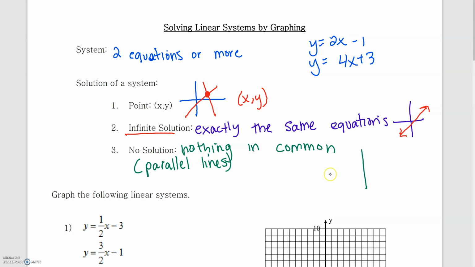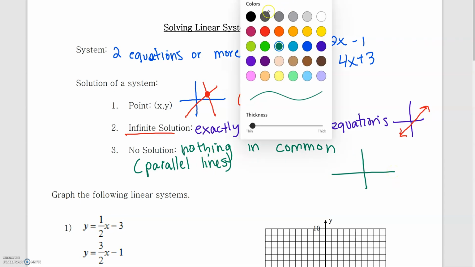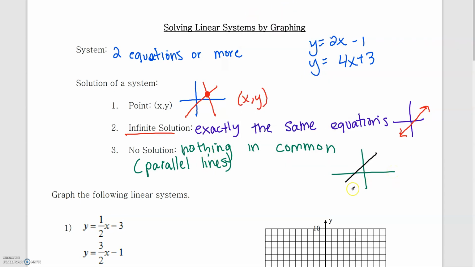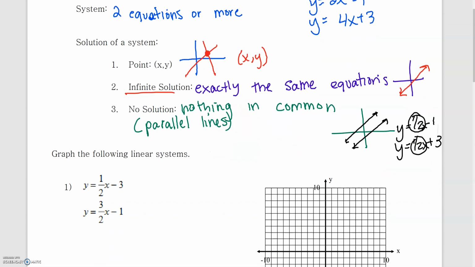So that would be lines like that. And that would be like if the equation was y equals 1/2 x minus 1 and y equals 1/2 x plus 3. So we see that we have the same slope there. They're never touching, so there is no solution.